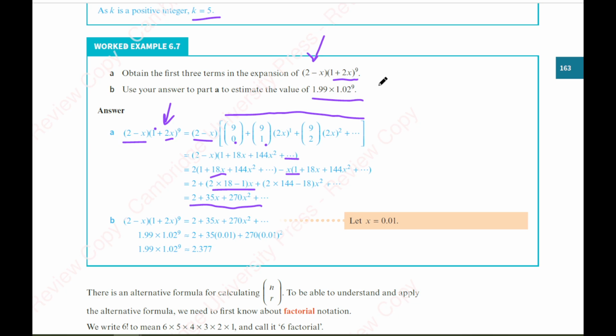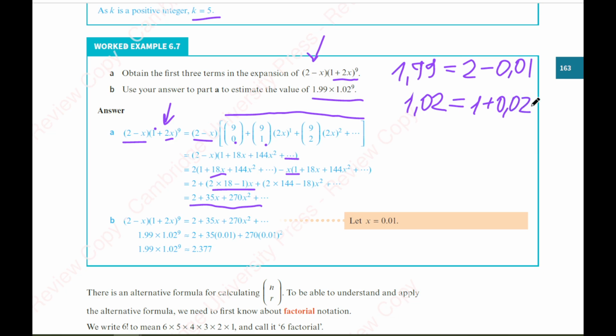You can see that here, if you have 1.99 and here 1.02, so what you can do, you can see 1.99 is equal to 2 minus 0.01. And 1.02 is equal to 1 plus 0.02.